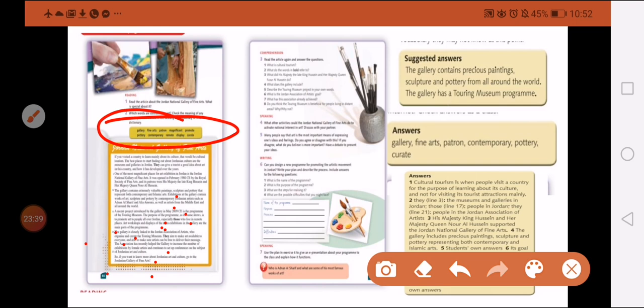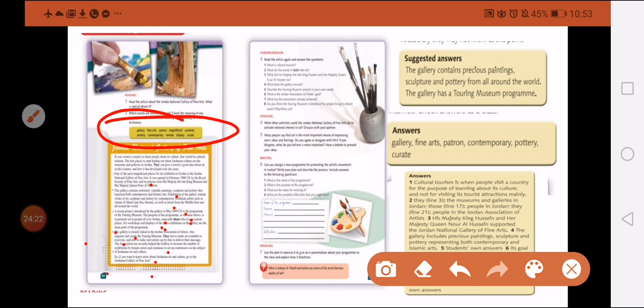A recent project introduced by the gallery in May 2009 Common Era in the program of the Towering Museum. The purpose of the program, the main goal of the program as its name shows, is to promote, to encourage, to support and encourage art to people all over Jordan, especially those who live in remote places, isolated places, في الأماكن المعزولة والبعيدة.